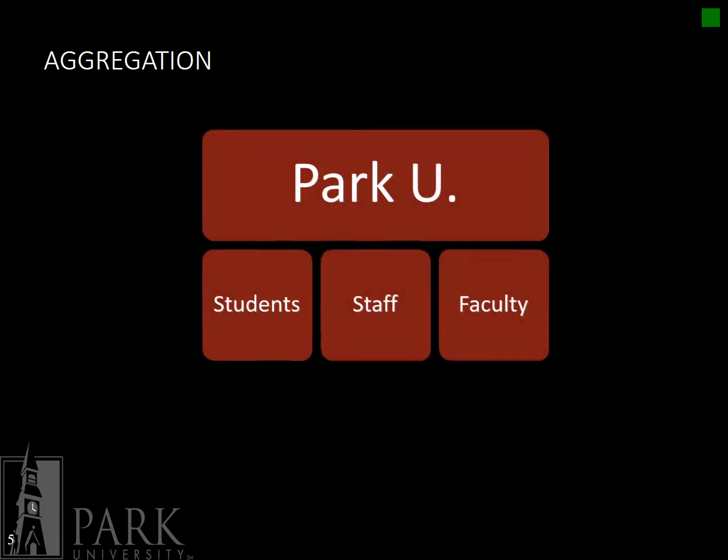So for example, we have Park University and we have students, staff, and faculty, right? The people aren't exclusively owned by the school because a person can be part of more than one aggregation, right? I could be a student at Park U and I could belong to a family. I could have a job that I'm a member of. And so those classes could belong to different things.